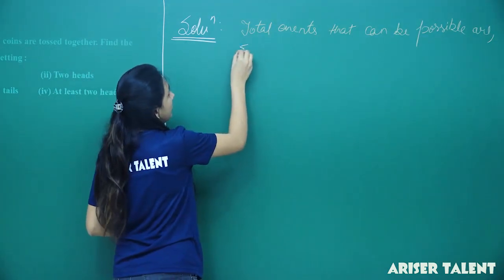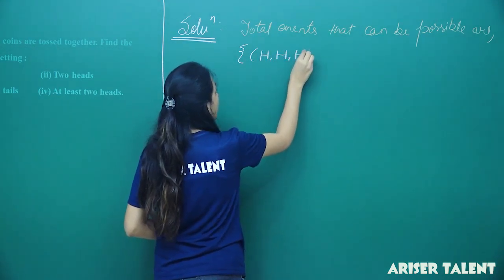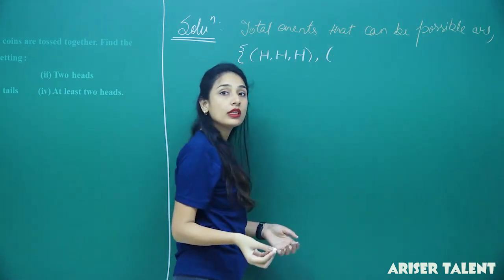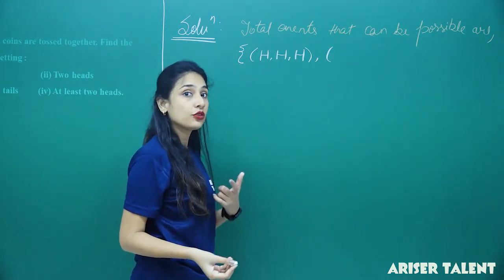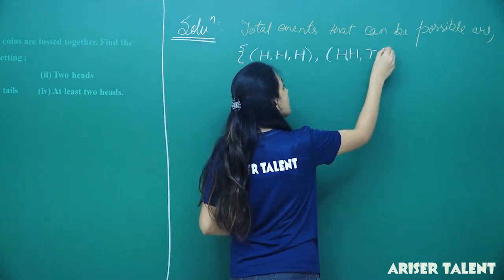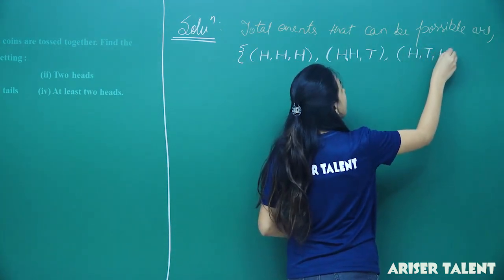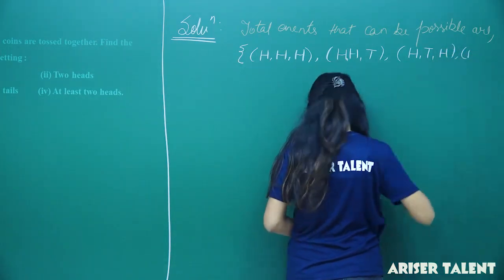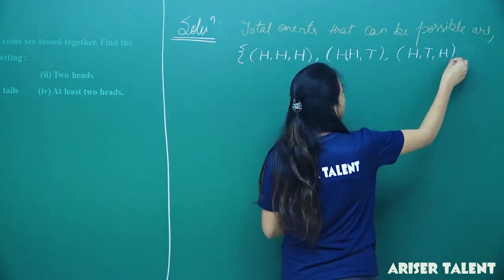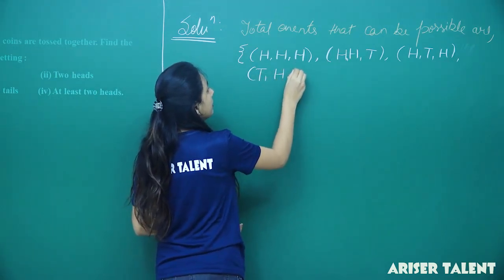Three coins are tossed, and we have talked about that. The total number of outcomes is 8. So, head, head, head; head, head, tail; head, tail, head; then tail, head, head.